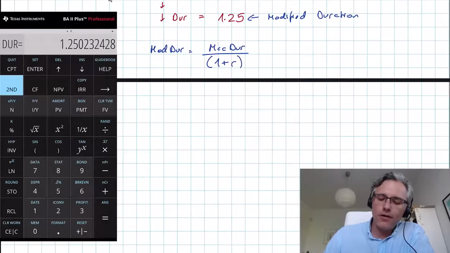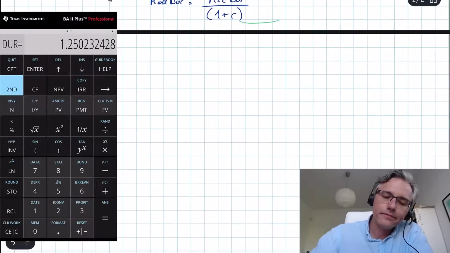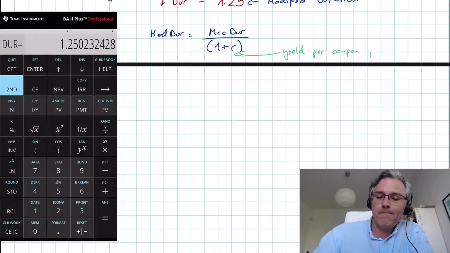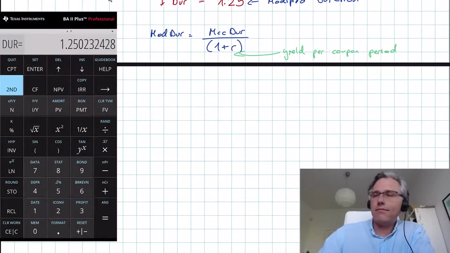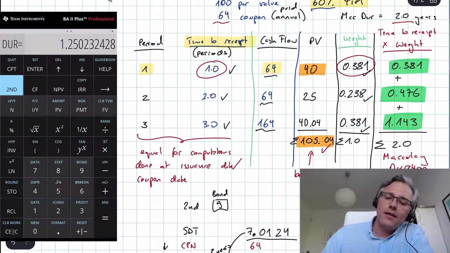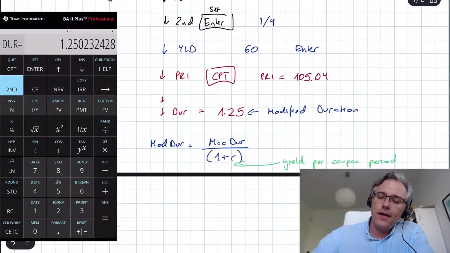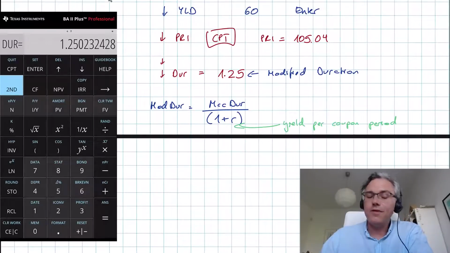What you've got to know at this point is that modified duration equals Macaulay duration divided by 1 plus r, where r is the yield per coupon period. And because in this case we had annual coupons being paid annually and 60% was our YTM, well, r equals 60%.